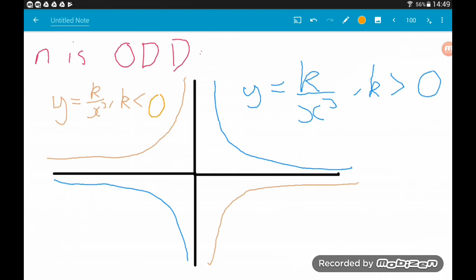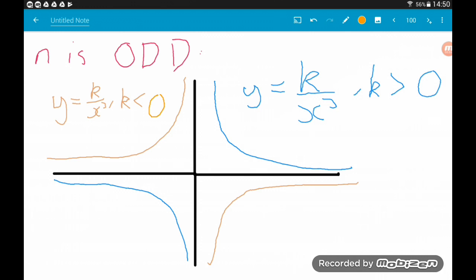So when k is positive and n is odd, our graph is in the bottom left and top right quadrants, diagonally opposite. Or with the orange curve, when k is negative, so less than 0, our graph is in the top left and bottom right quadrants.